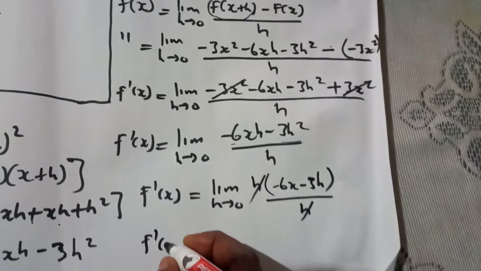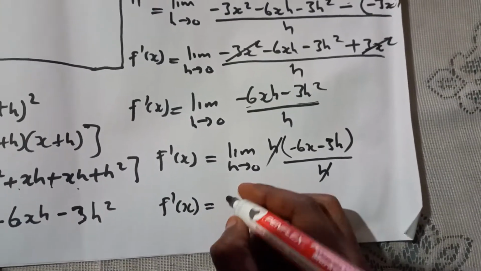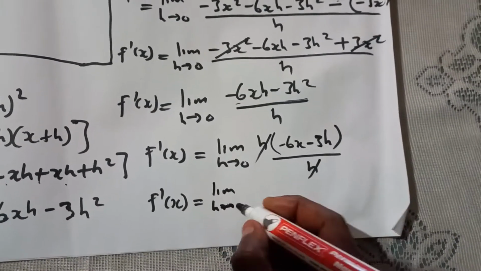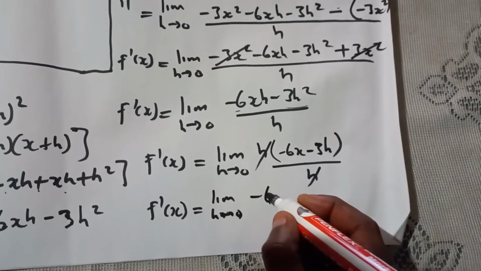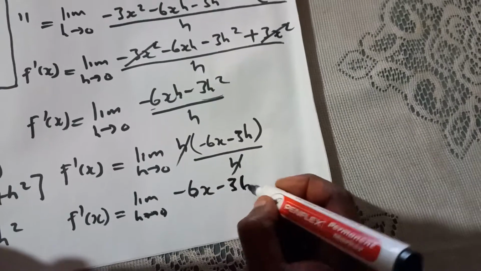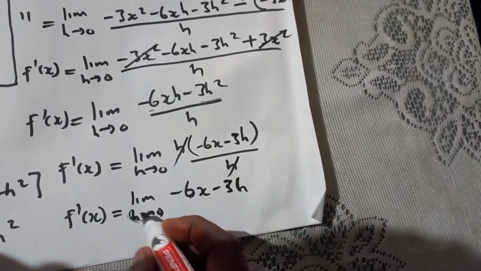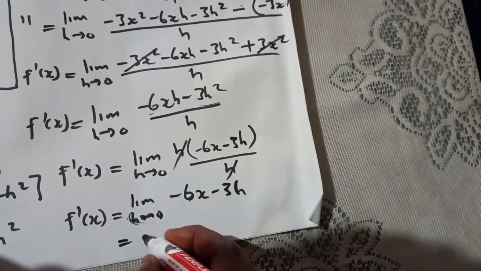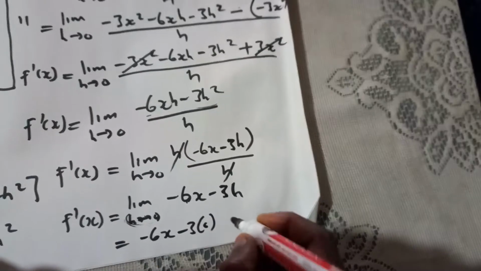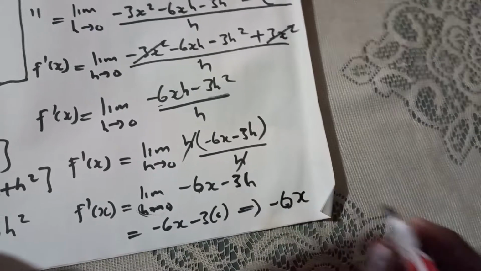Now f derivative of x is the limit as h approaches 0 of negative 6x minus 3h. If we substitute the value of h, that is 0, we are left with negative 6x minus 3 times 0, which is equivalent to negative 6x.